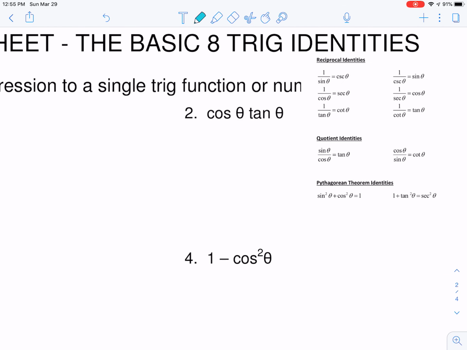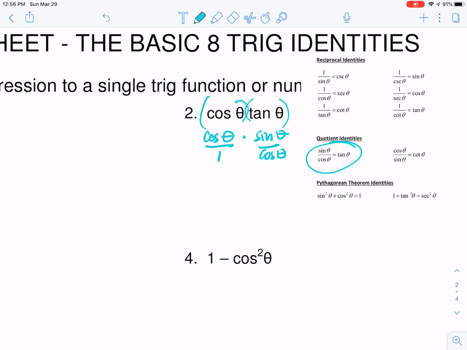Well, cosine, there's not a whole lot you can do to cosine. These, by the way, are being multiplied together, so multiplication is important to understand there. Cosine can be written as 1 over secant, but I don't know. Let's look at the tangent. What can tangent be rewritten as? Tangent can be written as sine over cosine. So this could become cosine theta times sine theta over cosine theta.